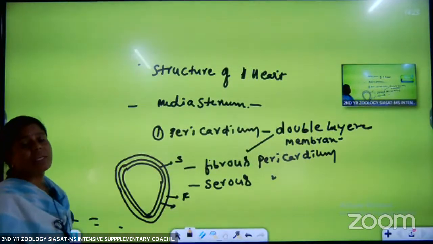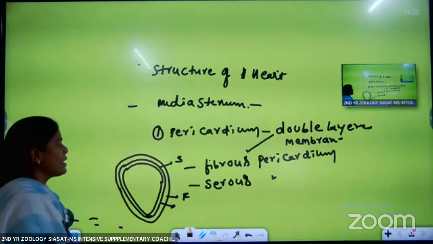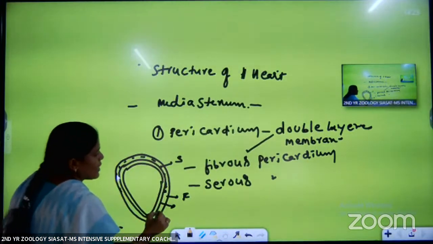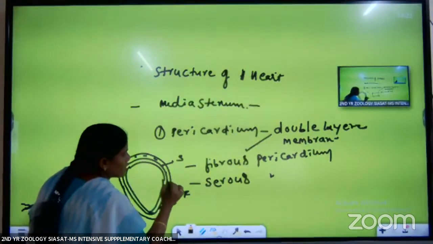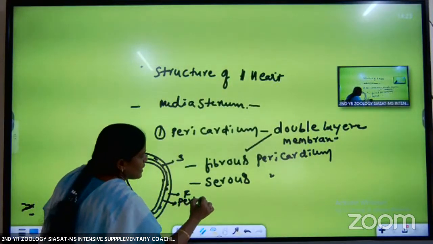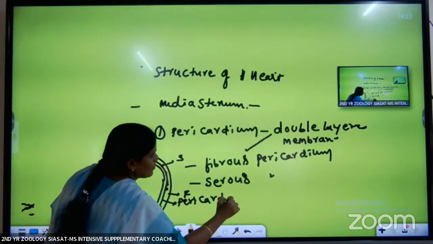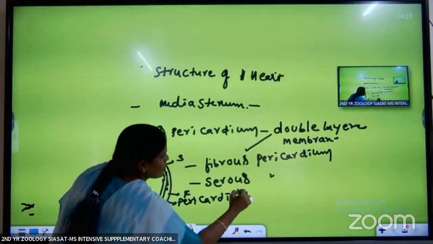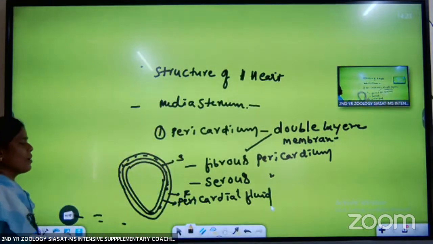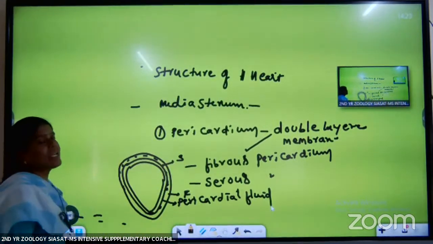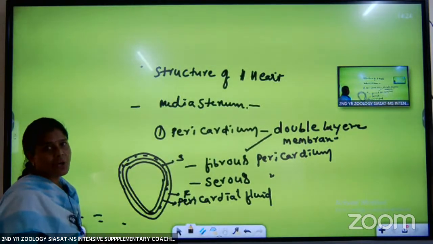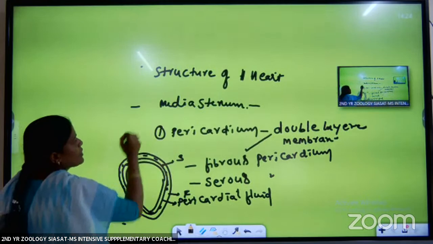That cavity is called the pericardial cavity. That cavity is filled by fluid that we call pericardial fluid. What is the function of this pericardial fluid? It protects the heart from mechanical shocks. This is about the pericardium.